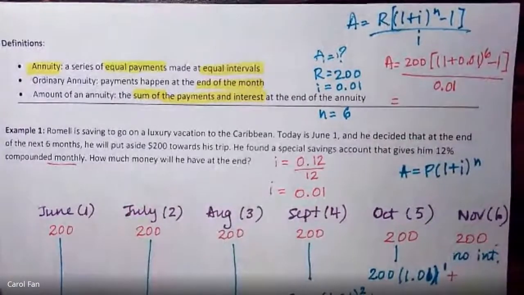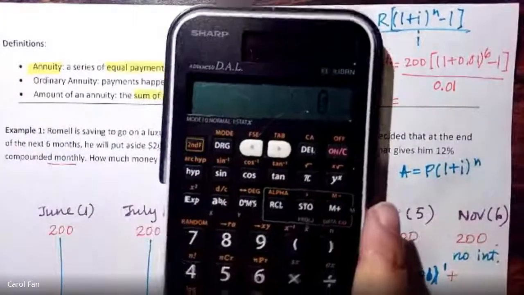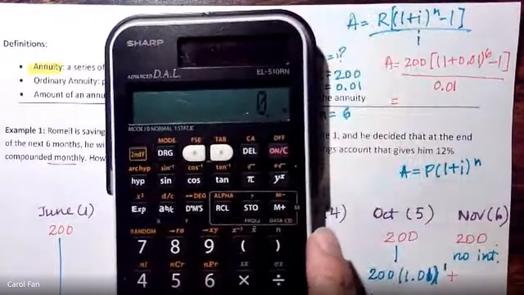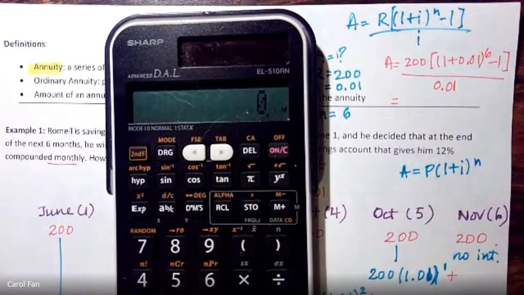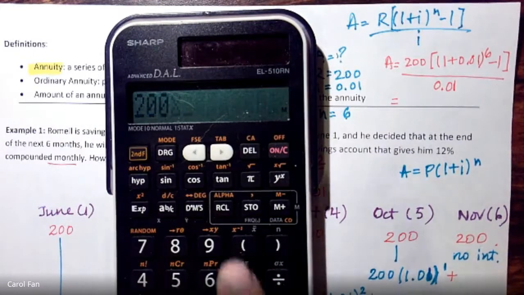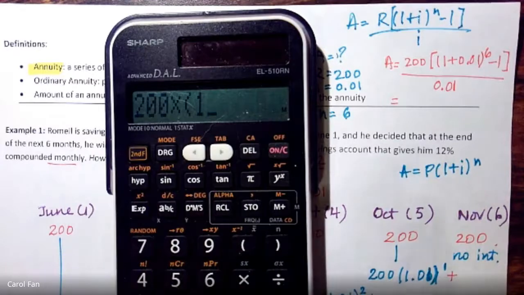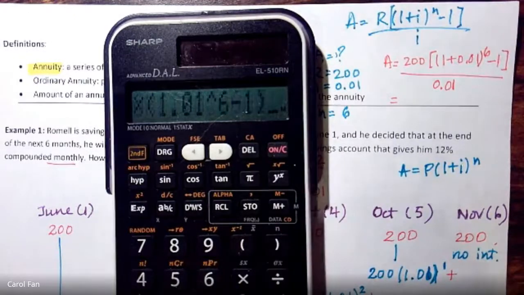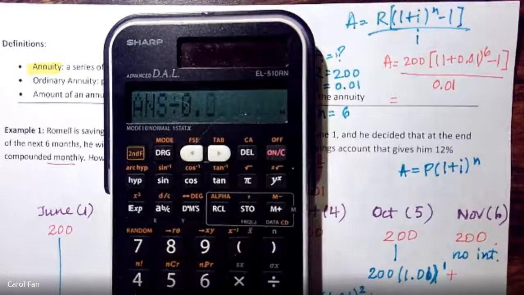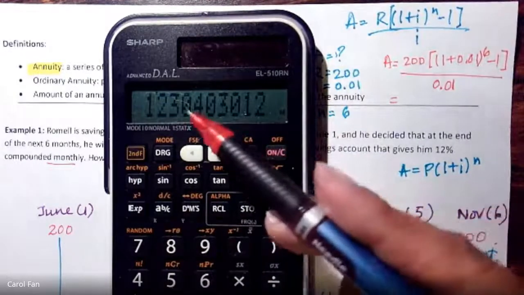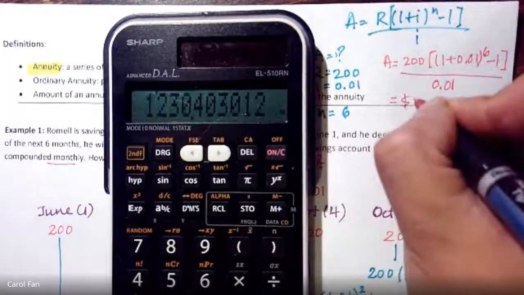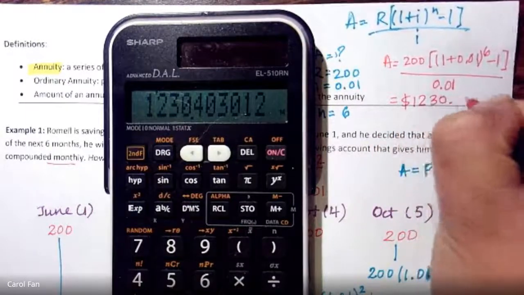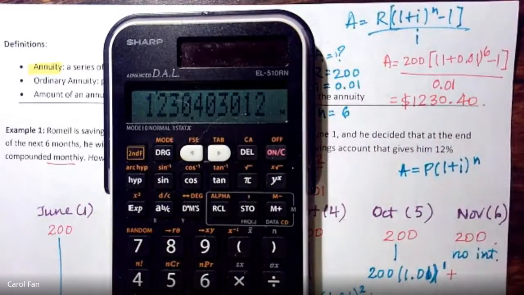I'm going to substitute all of that into my equation, and I should be getting the same amount that I calculated when I drew out my whole diagram. So 200 times (1.01 to the power of 6 minus 1) divided by 0.01. And I do have the same amount, $1,230.40.